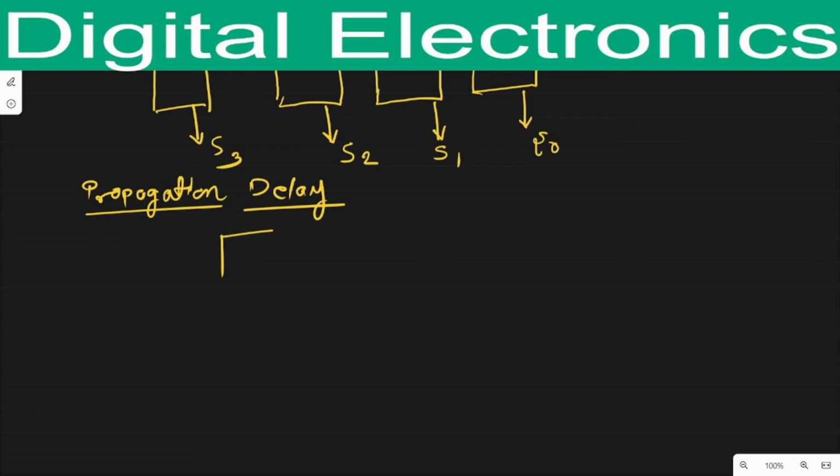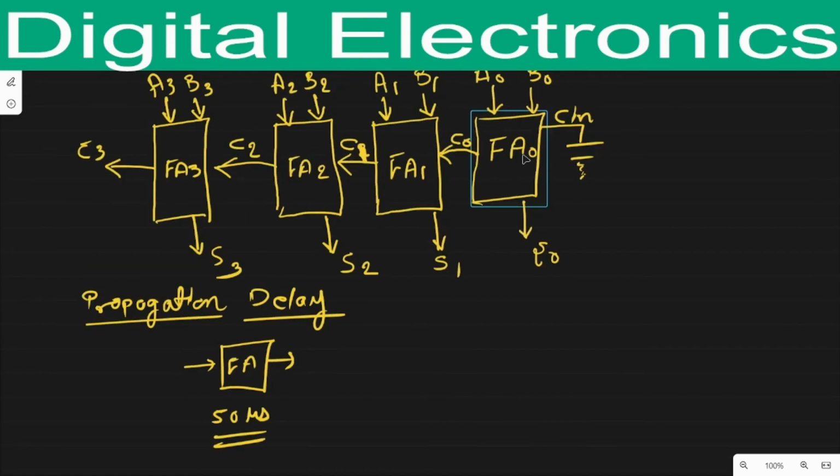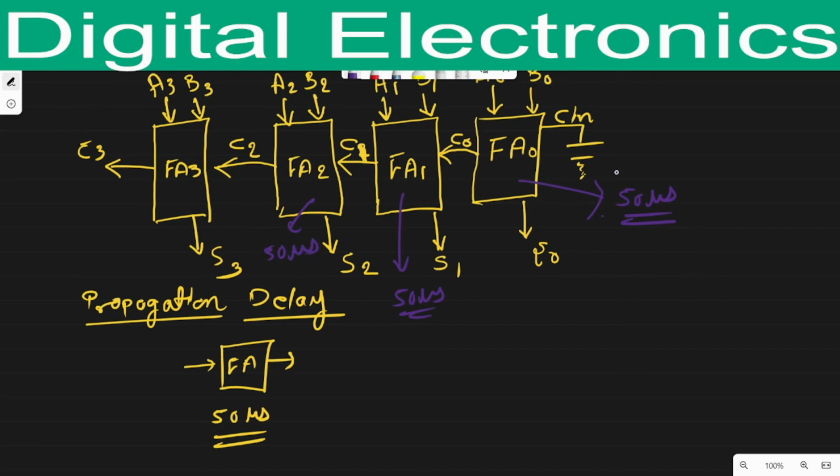Suppose each full adder has a propagation delay of 50 microseconds. If the first full adder starts working, it will take 50 microseconds to generate C0. When C0 is provided to the next full adder, it will again take 50 microseconds to work, and at last it will again take 50 microseconds to work.